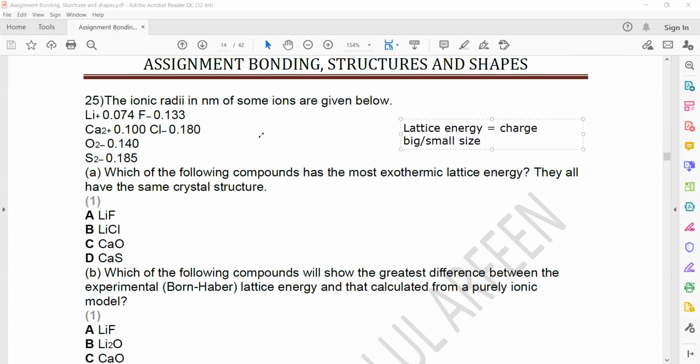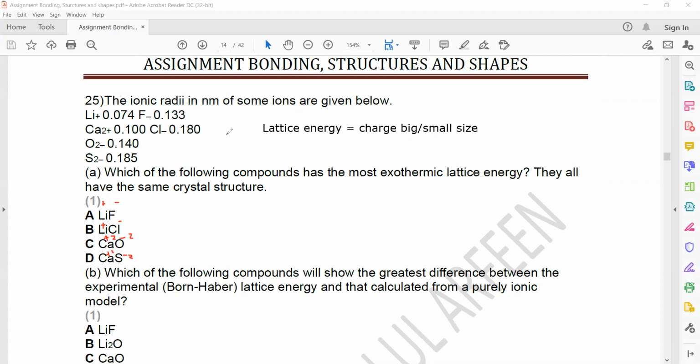So when we compare, the charge should be big. Lithium fluoride is plus 1 minus 1, lithium chloride plus 1 minus 1, calcium oxide plus 2 minus 2, and calcium sulfide plus 2 minus 2. So it shows that either calcium oxide or calcium sulfide.